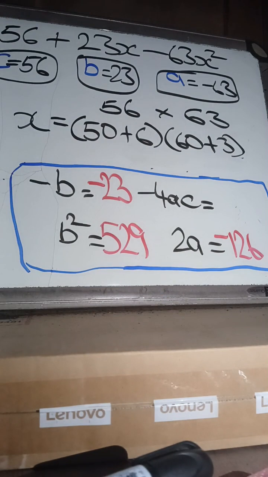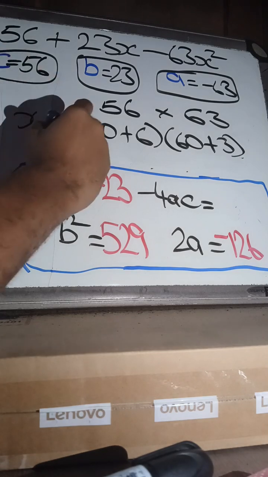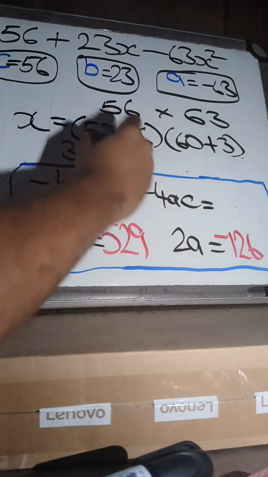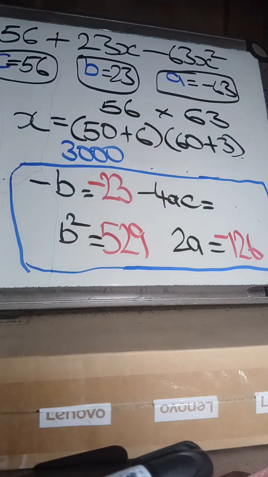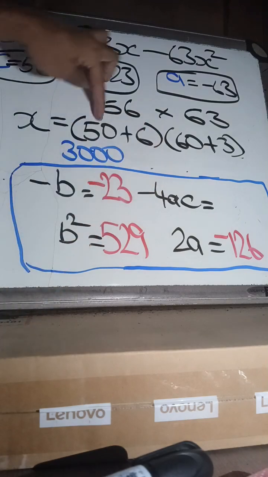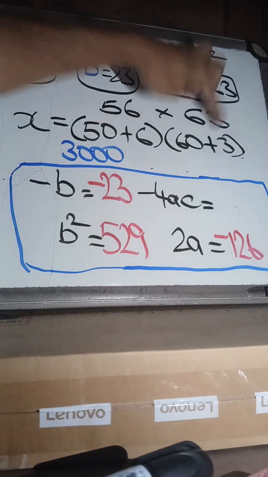Sometimes we have to find a different way to do it. Now, obviously, we have to be careful. We have to literally do this step by step. So 50 times 60, that's going to be 3,000. So we have 3,000 for the first number, this times this, then this times that.